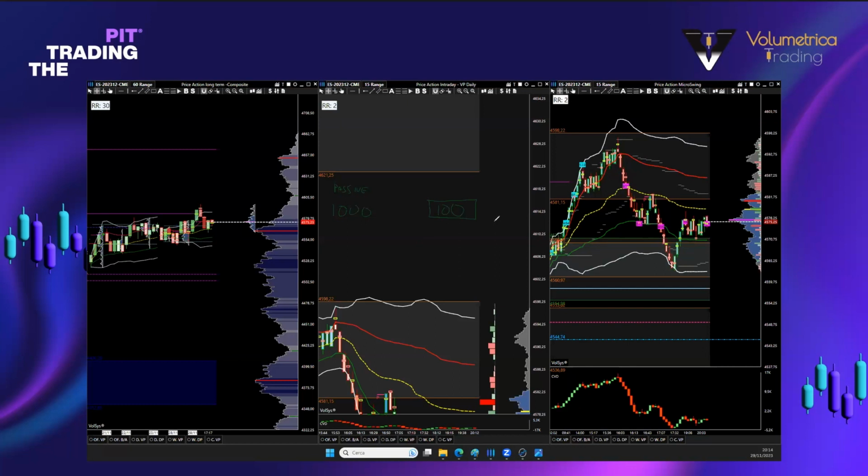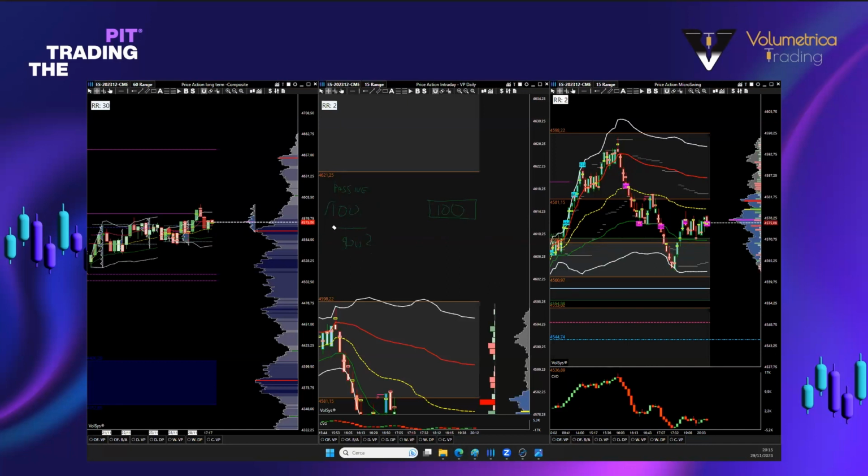So it wouldn't show that there is an outstanding amount of contracts. But the entire order is 1,000. So what about all of the other 900? Well, those will be hidden.